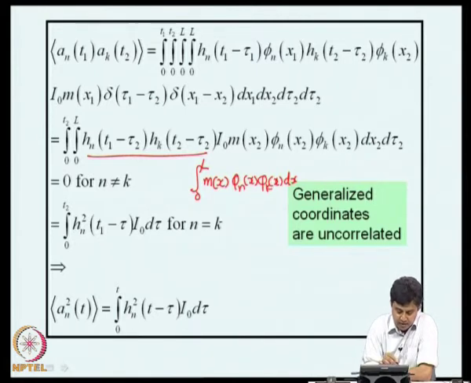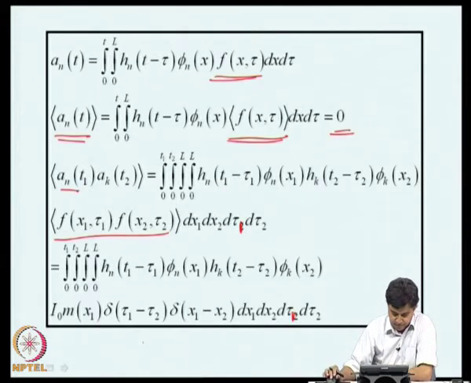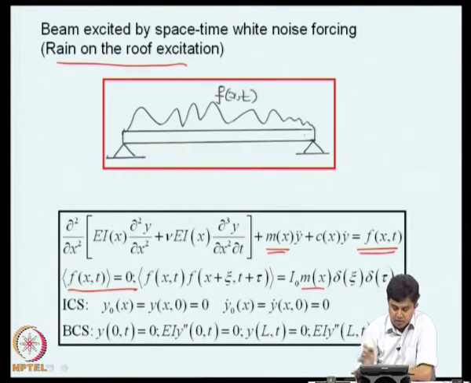That would mean the cross covariance between a n and a k is 0 for n not equal to k, and for n equal to k the auto covariance of a n of t1, a n of t2 is given by this quantity. And of course, the variance itself is given by putting t1 equal to t2, we get this variance. So, for this excitation, the so called rain on the roof excitation, the generalized coordinates become uncorrelated.